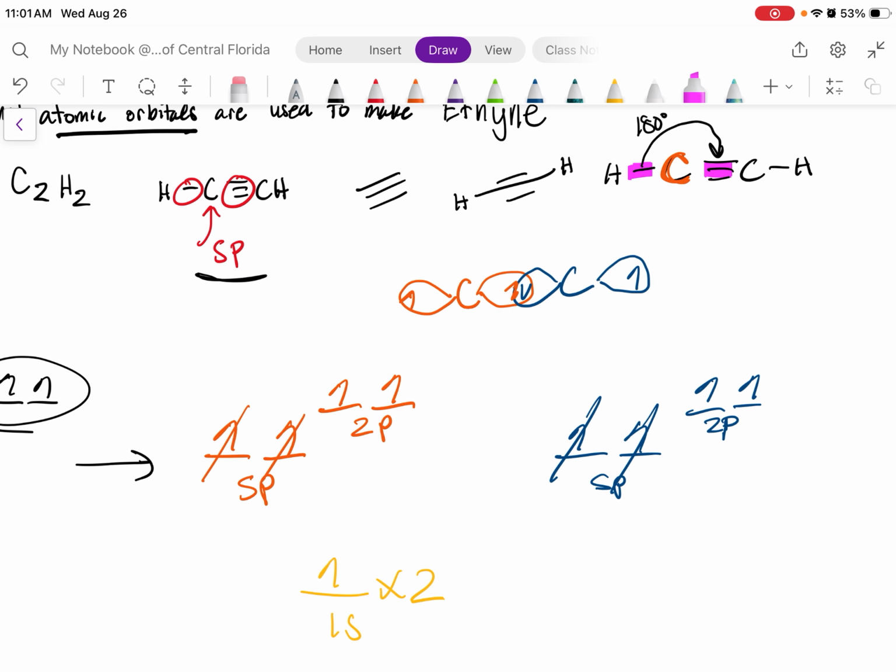Now we have a head-to-head overlap. That would be our sigma bond. There's our sigma. And then if we take our hydrogens, there's going to be one hydrogen here, and then we add in our other one. So now we're at 0. So we've accounted for all the hydrogens.